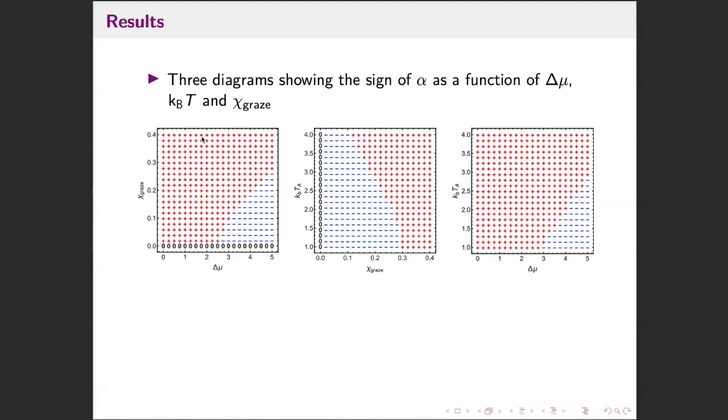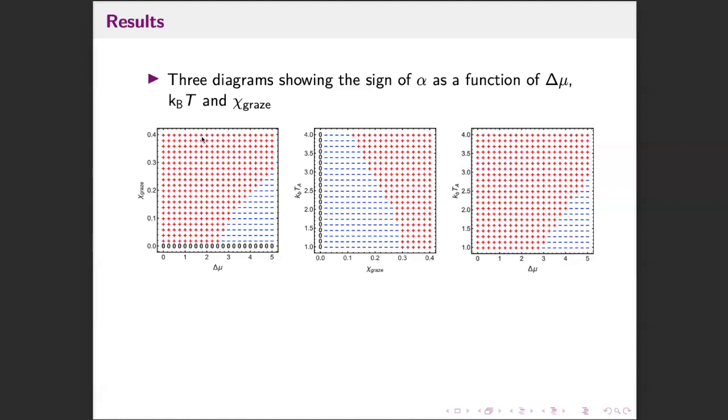If you increase the grazing angle, that will make it positive again, whereas the chemostat will make it negative. Here also, if you have it negative but then you increase temperature, it will go positive.